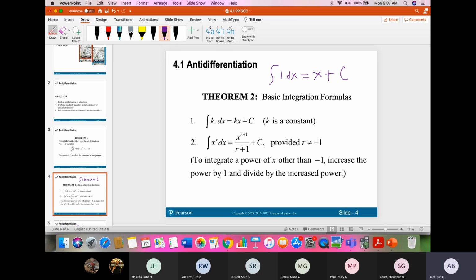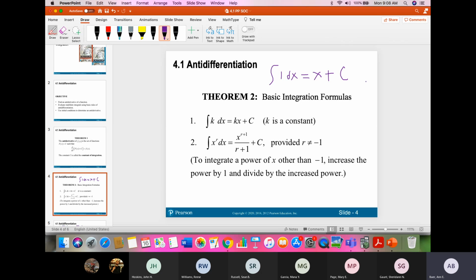If we go backwards and I look at this side, I anti-differentiated to get this. Now, if we take the derivative of this side, what do we get? The derivative of x is 1. The derivative of this additive constant is 0. This additive constant can be any real number between negative infinity and positive infinity. So we really can generate an infinite number of these answers.